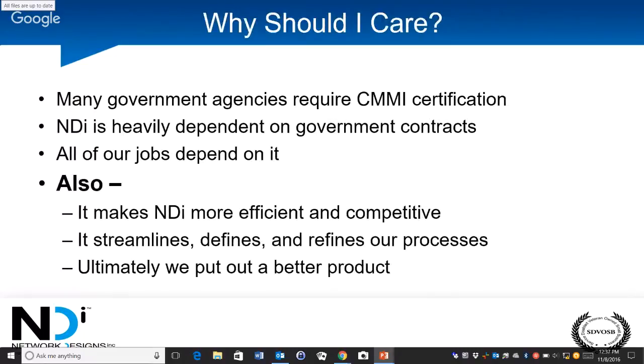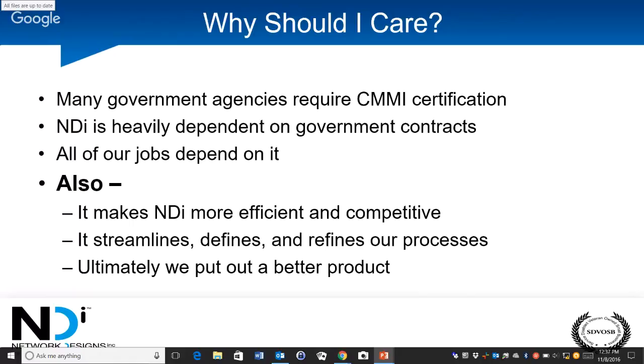Well then, why should I care? You get down to that question, what does it matter to me? Well, many governmental agencies require CMMI certification in order to view you for eligibility for contracts.